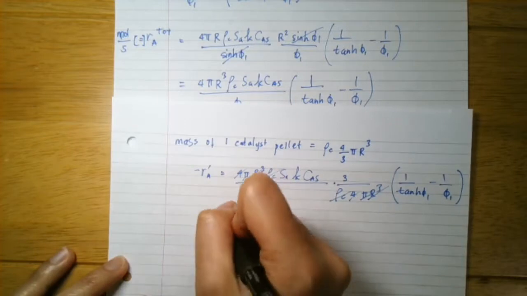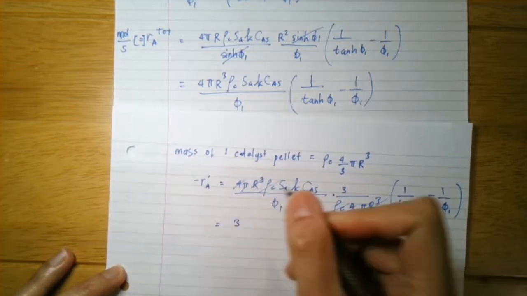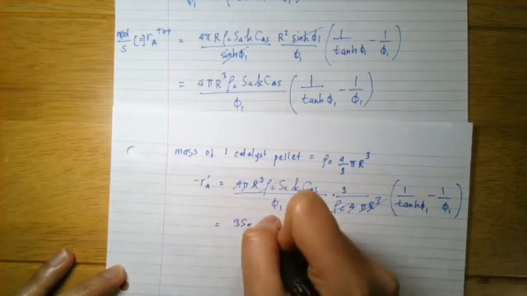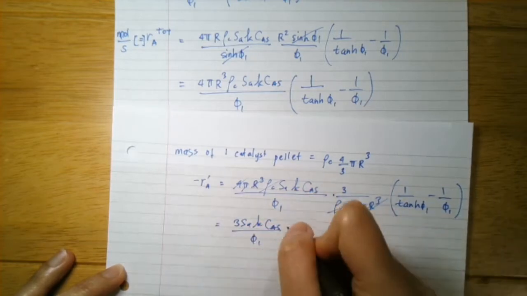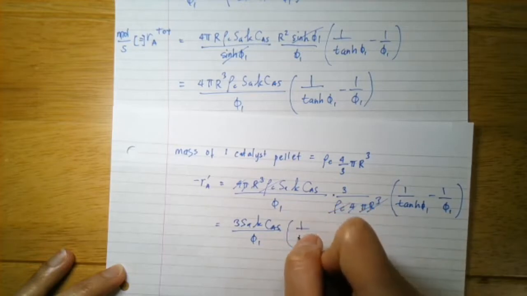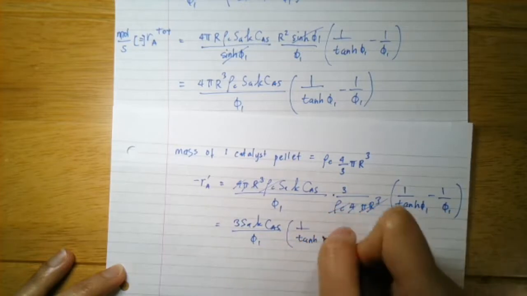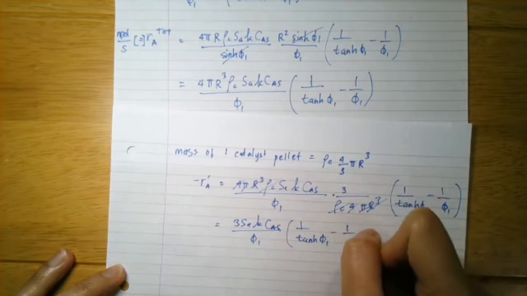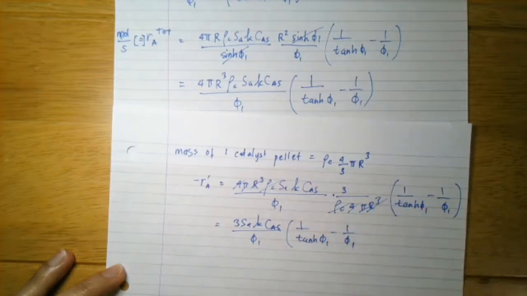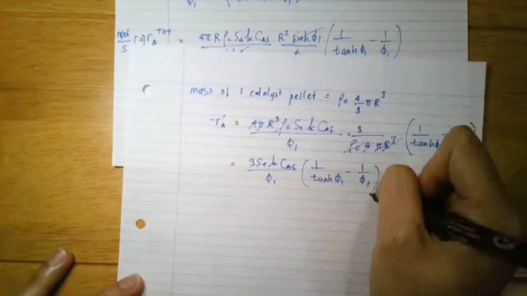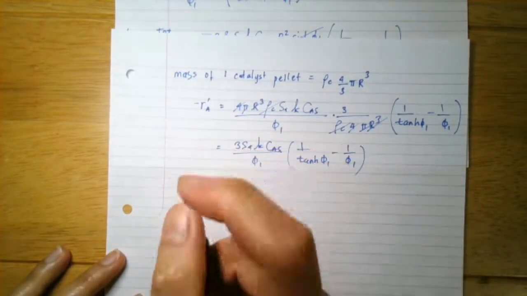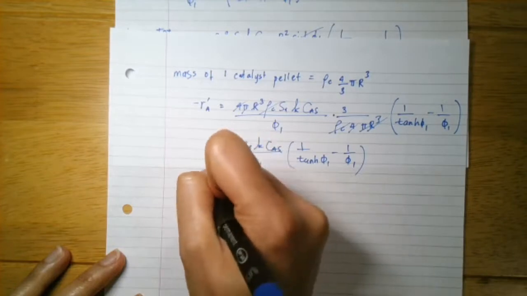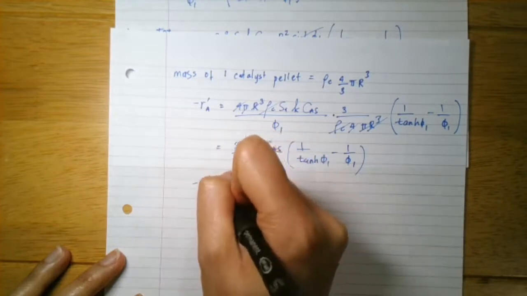So we will have 3 SA K CAS all over phi 1 times 1 over tang phi 1 minus 1 over phi 1. From here, we can derive the rate expression on a per surface area basis, in our notation negative RA double prime.